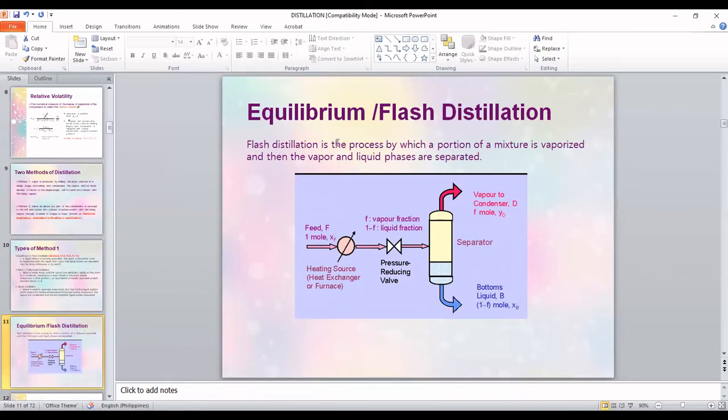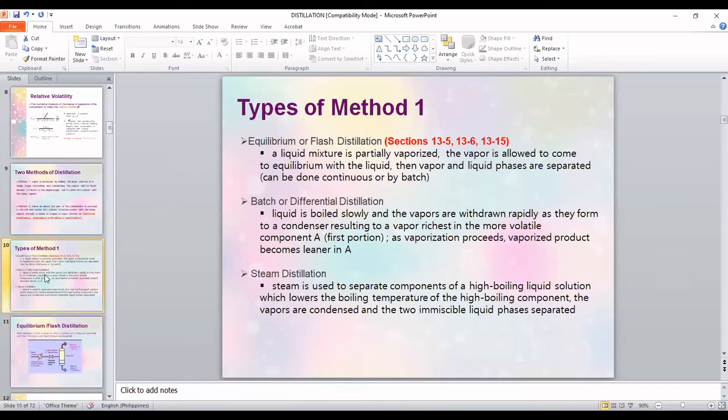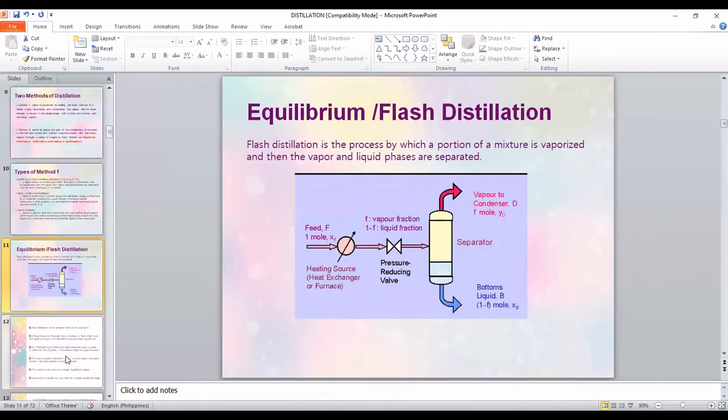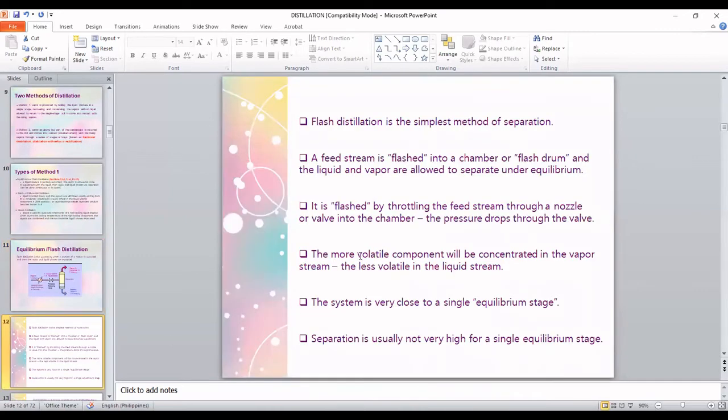So flash distillation is the process by which a portion of the mixture is vaporized and then the vapor and liquid phases are being separated. So that's equilibrium or flash distillation, the first part in here. Okay. Now, the next one is still talking about flash distillation.